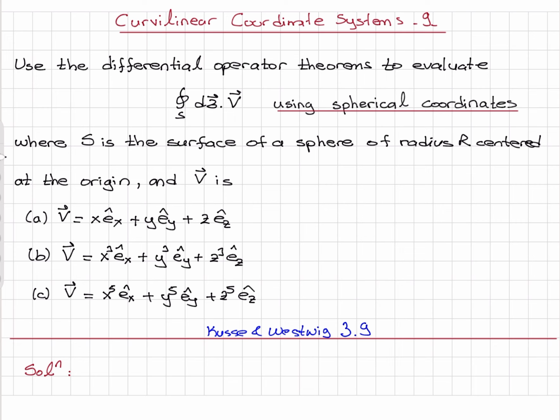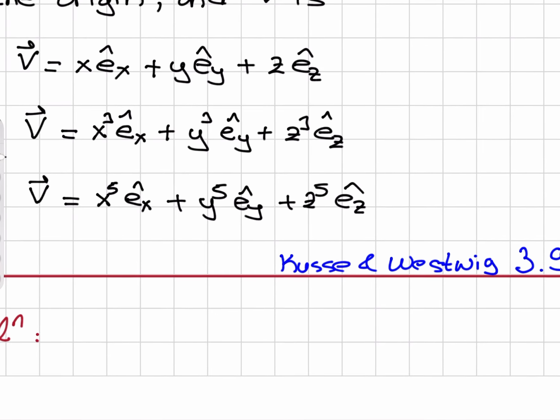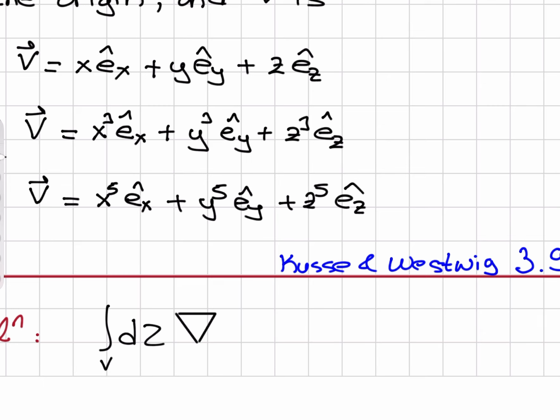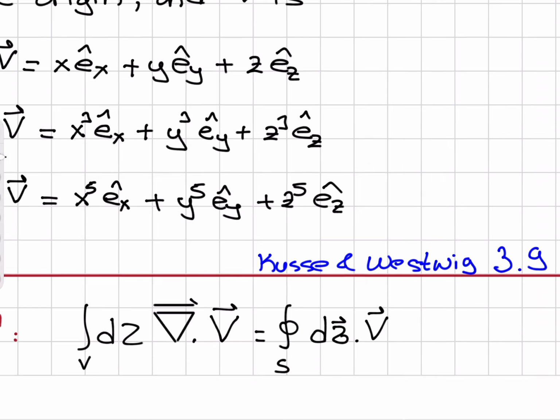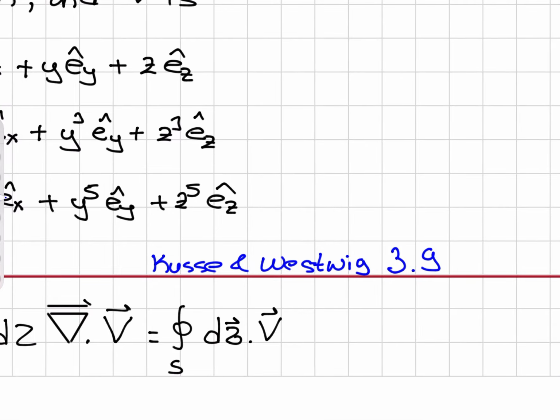Therefore, we're going to use Gauss theorem. Gauss theorem tells us that the volume integral ∫ dτ divergence of the vector V is equal to the closed surface integral ∮ dσ dot product with vector V. Now this is known as Gauss theorem.